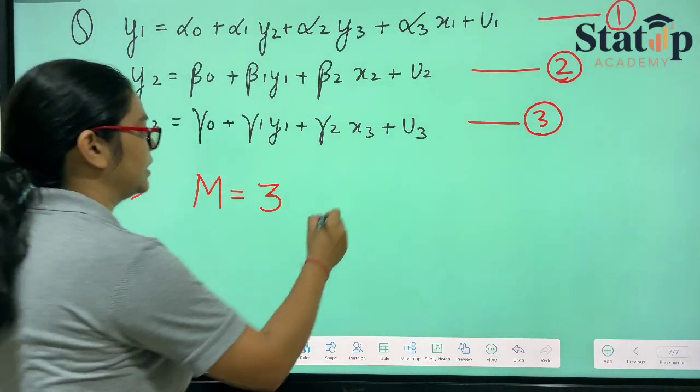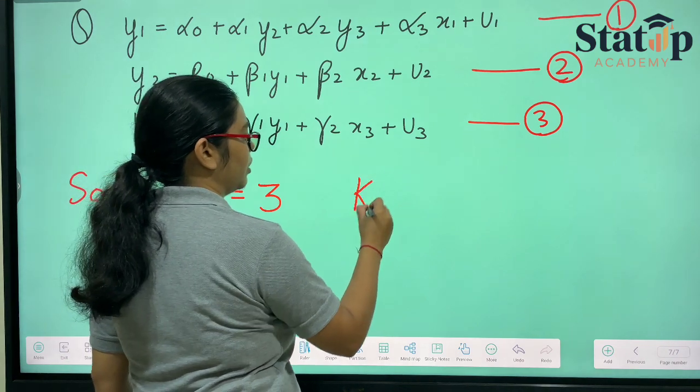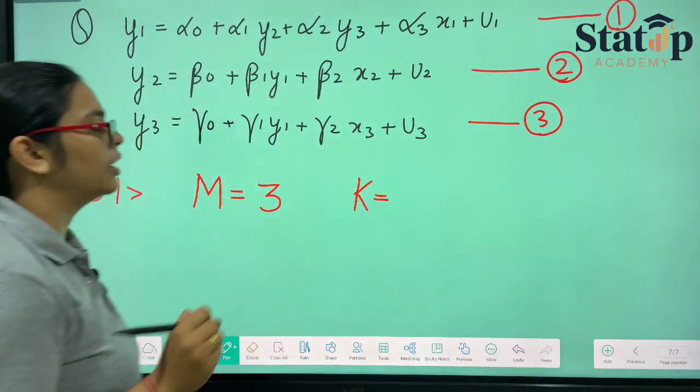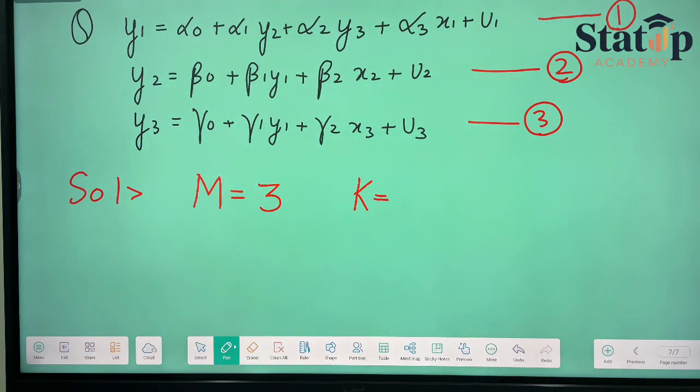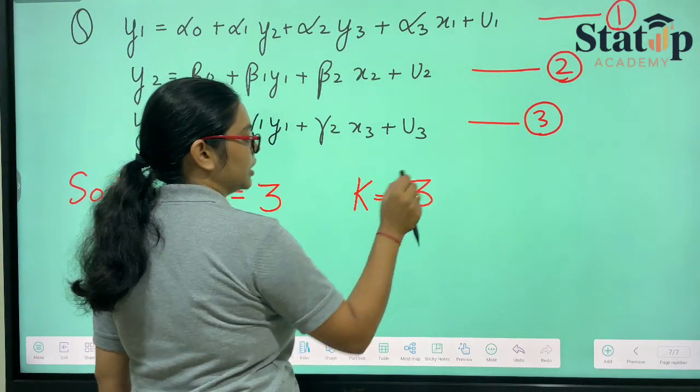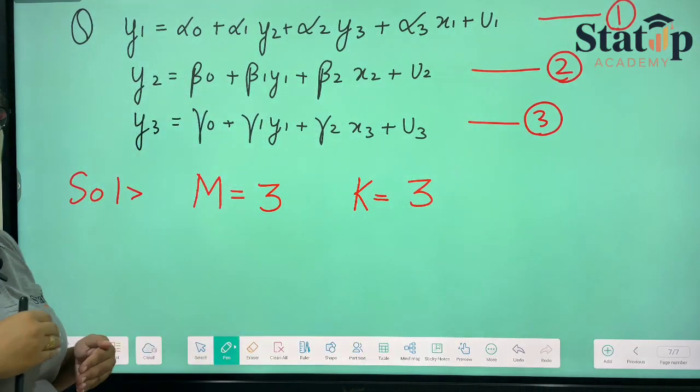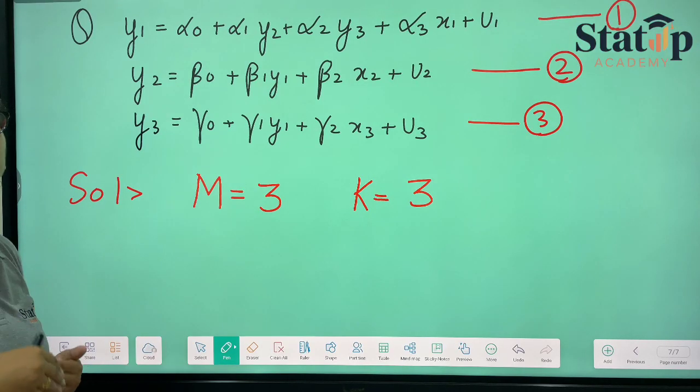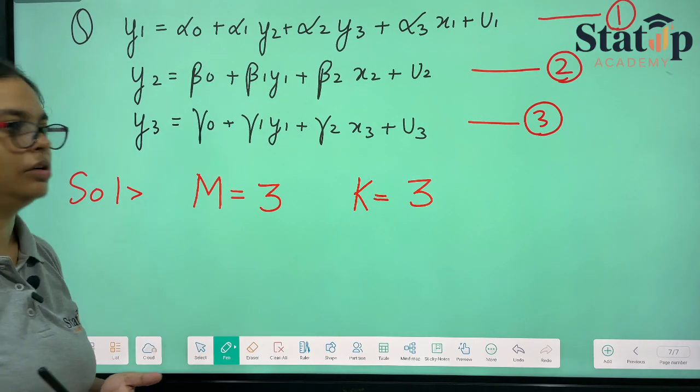Now what is capital K, which is the total number of exogenous variables, that is, independent variables. I can see only three variables, x1, x2, and x3, and not more or less than that. So capital K is also 3. Now we will solve this question simultaneously, equation by equation. That's why it is known as a simultaneous equation model.